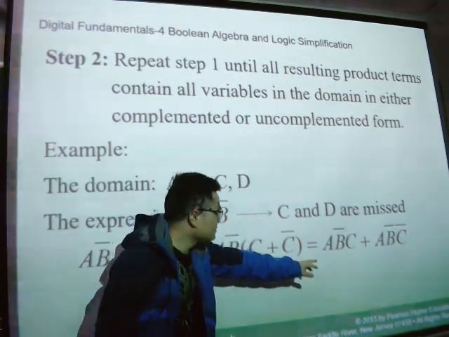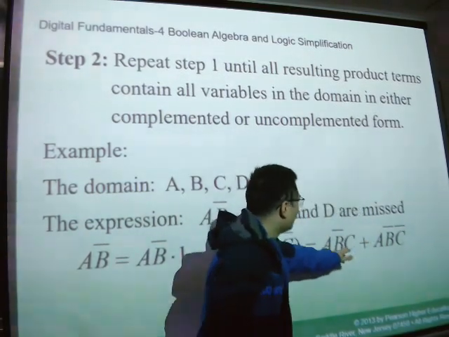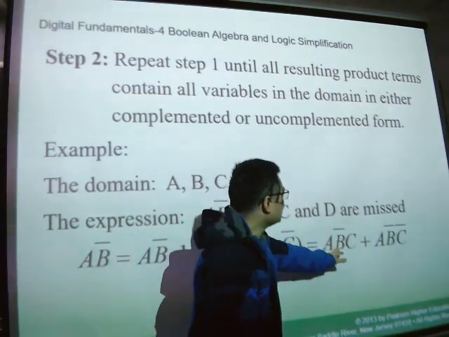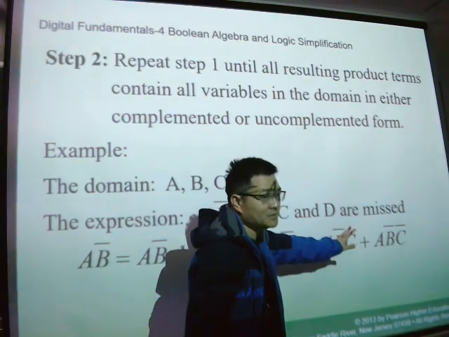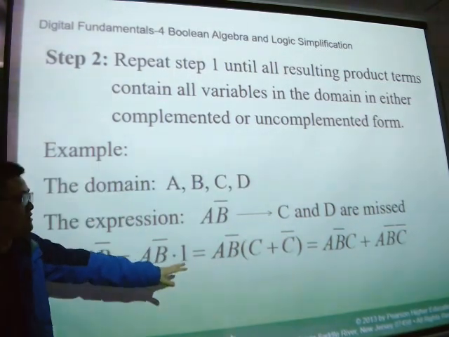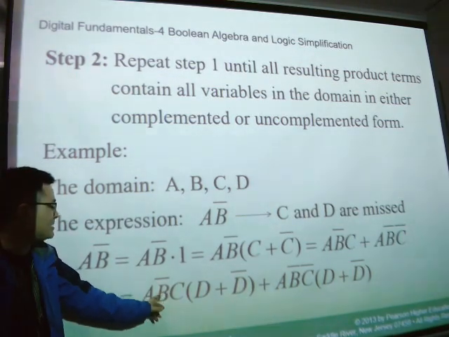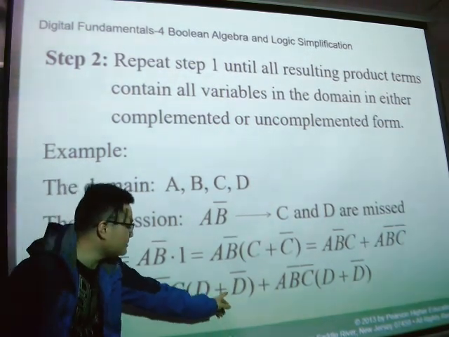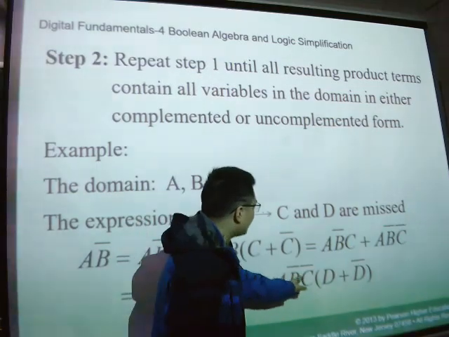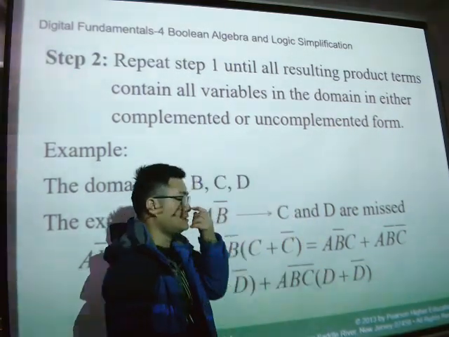And then this term, D is missed. So we must continue to add D. A B bar C times (D plus D bar), and A B bar C bar times (D plus D bar).